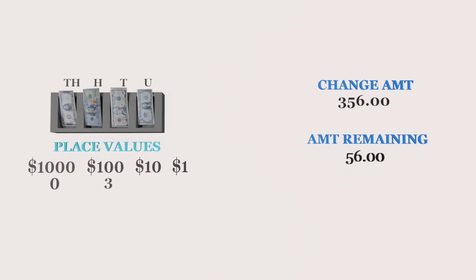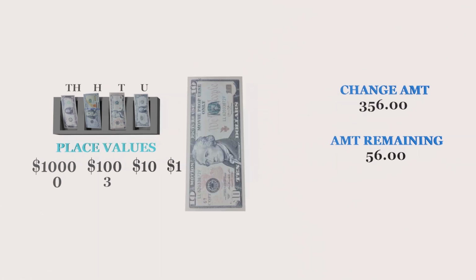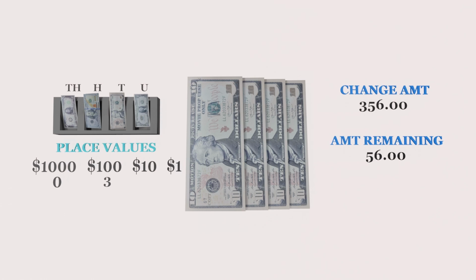We now proceed to the next smaller denomination, the $10 bill. Will the cashier give you any $10 bills? Yes, because a $10 bill is smaller than the remaining change amount of $56. How many $10 bills would the cashier give you without going over the amount left to give out? Out of the $56 remaining, the cashier can give you 5 $10 bills.